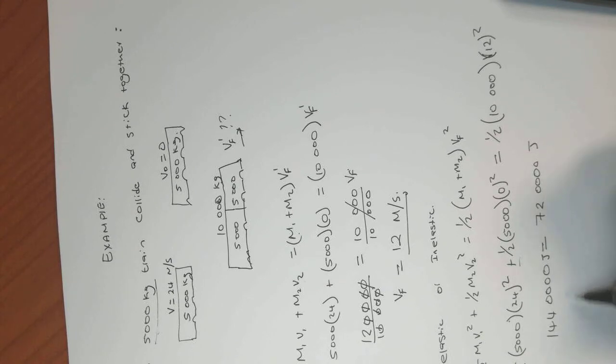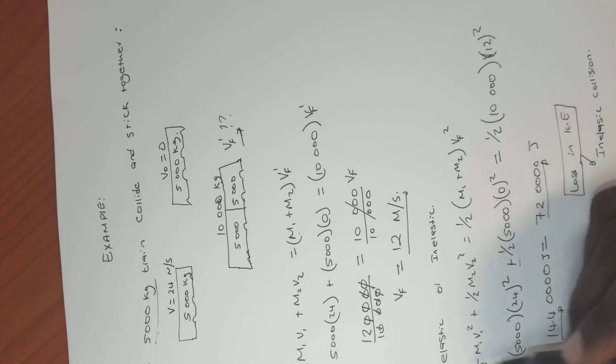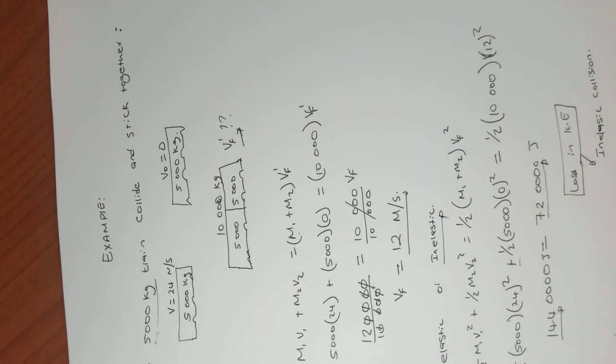So you can see this 72 is half of 144. So there is a loss in kinetic energy. And if there is a loss in kinetic energy, we say that it is an inelastic collision. Therefore, it's inelastic.